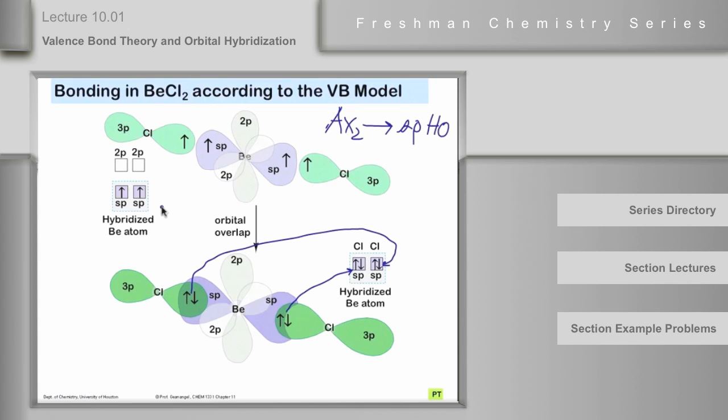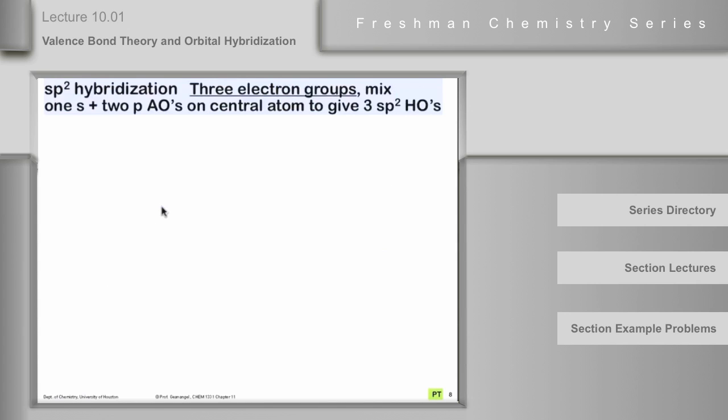All right, if no questions on that, let's go ahead to a case that has 3 hybrid orbitals. In that case, if there are 3 electron groups around the center atom, and if you remember BF3 was an example where that happened, then we hybridize one s atomic orbital and 2 p atomic orbitals on the center atom to give 3 sp2 hybrid orbitals.